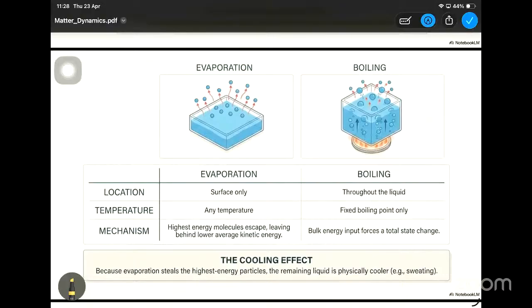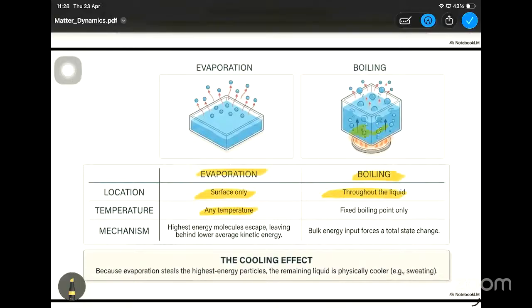In evaporation, it happens only at the surface, not the inner molecules. But when it comes to boiling, it happens throughout the liquid, right? Which means even the inner molecules can boil and exit from the surface. And evaporation can occur at any given temperature.